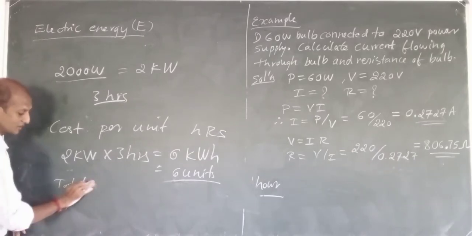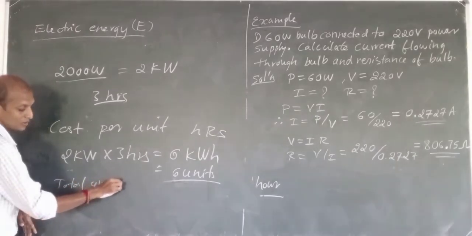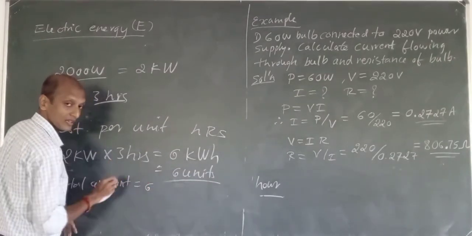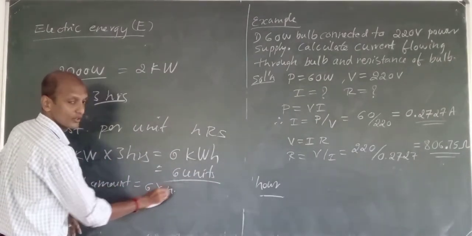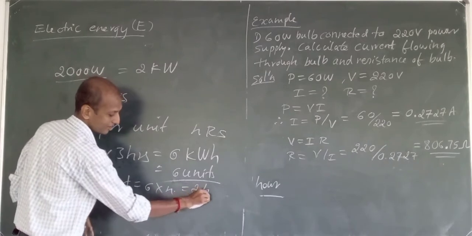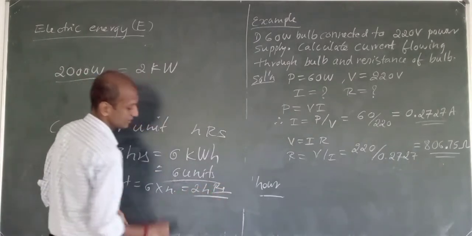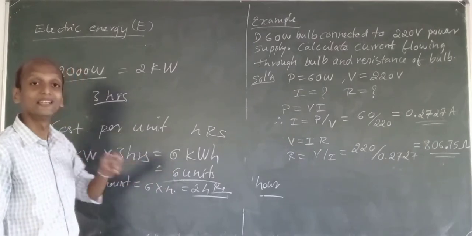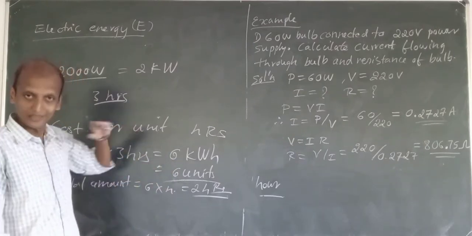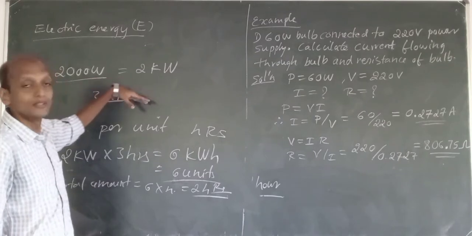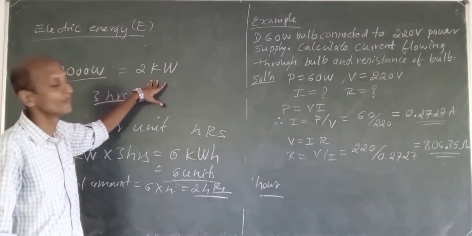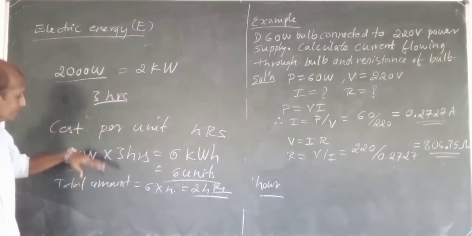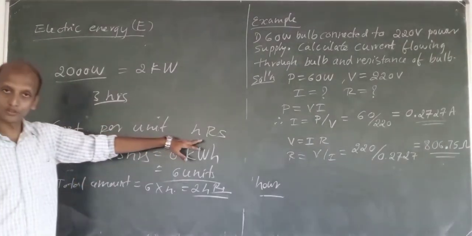The total amount I have to pay will be equal to 6 units into 4 rupees, which is equal to 24 rupees. That is my electricity bill if a device of 2 kilowatt rating is operated for 3 hours and the cost per unit is 4 rupees.